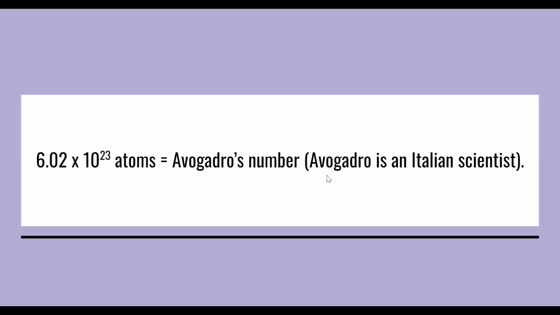So the Italian scientist is Avogadro. This Avogadro number is named after him, and the number is 6.02 times 10 to the 23 atoms.